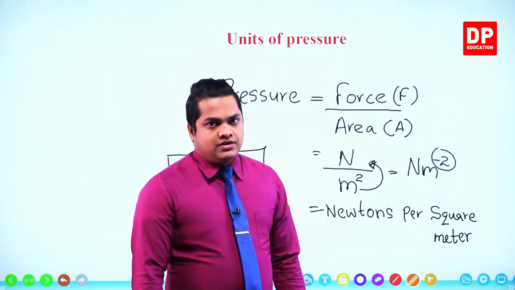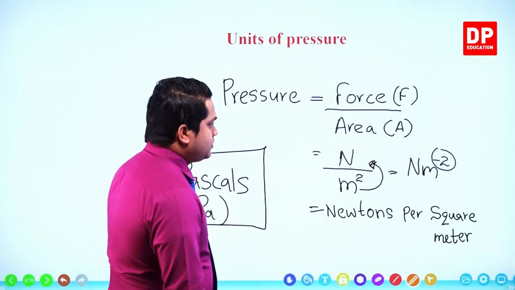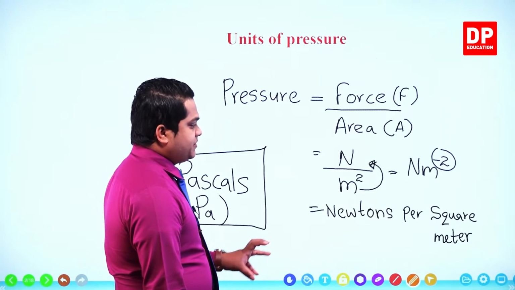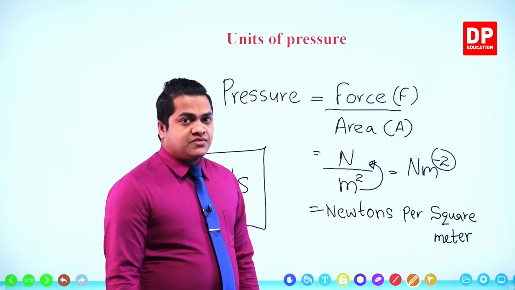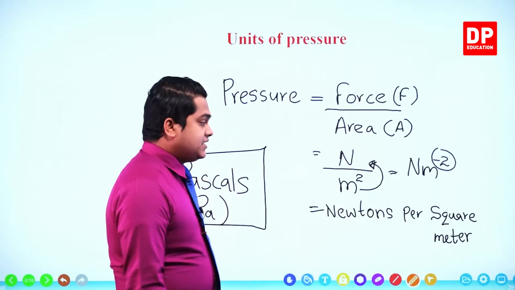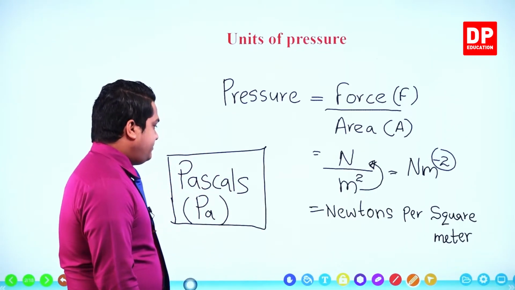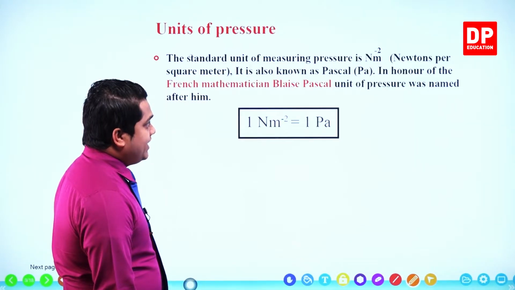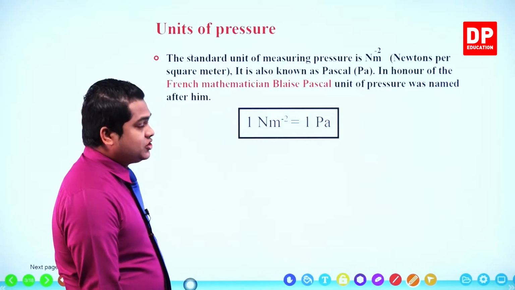So my dear children, the basic fundamental unit is newtons per square meter. This unit is also named as pascals. So here we go then. The standard unit of measuring pressure is N m to the power minus 2.